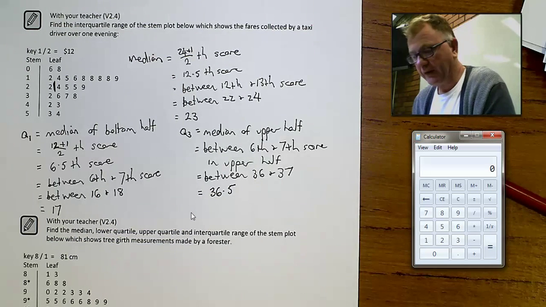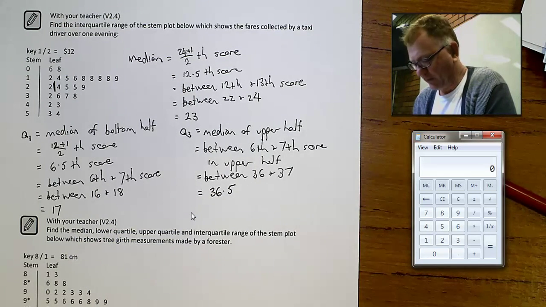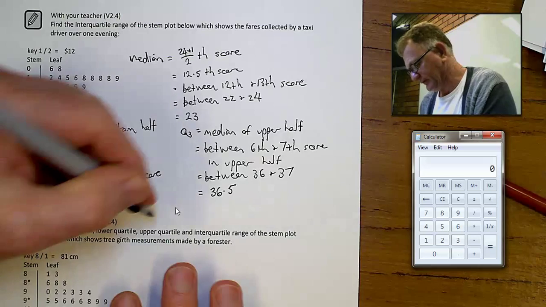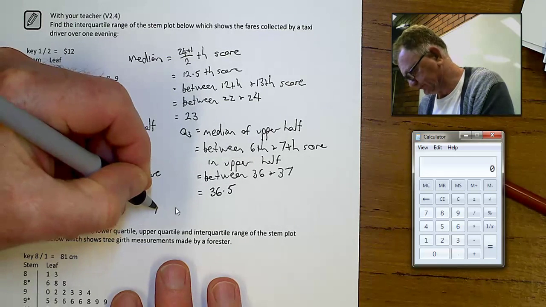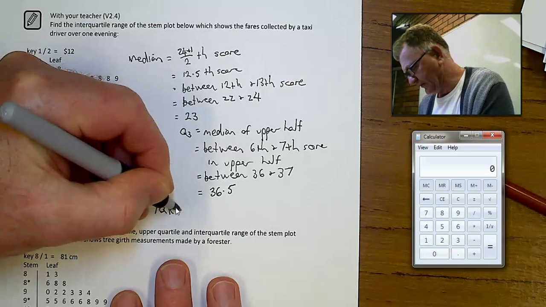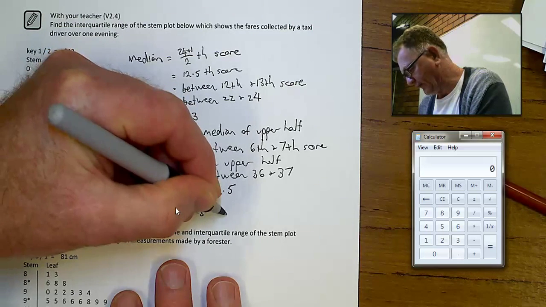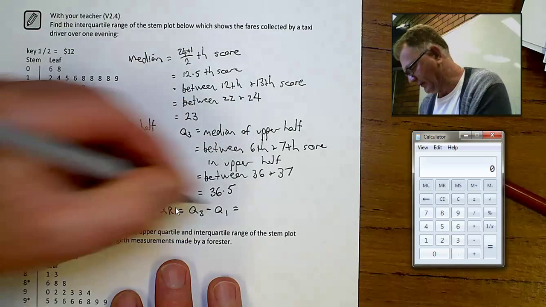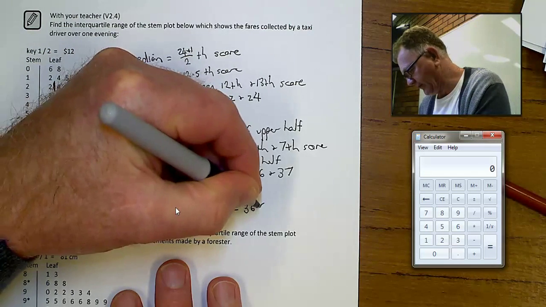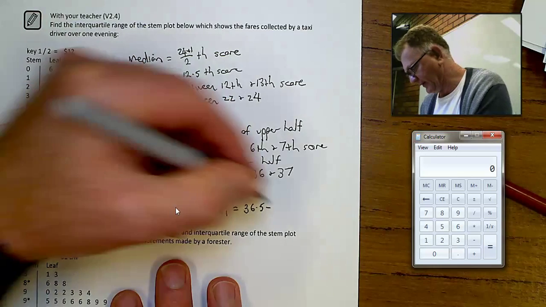And the question also asks us to work out the interquartile range, which is the difference between the upper quartile and the lower quartile. So it's going to be 36.5 take away 17.